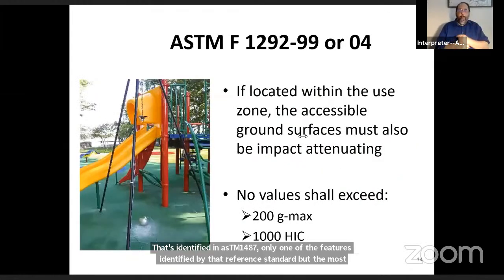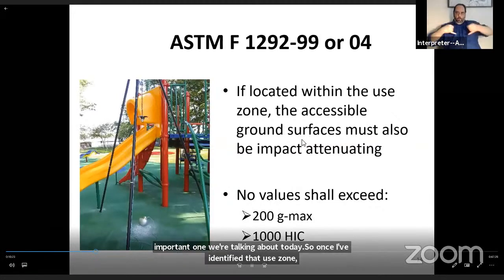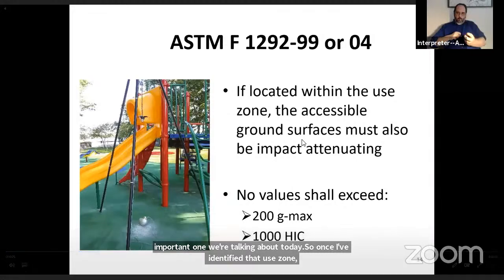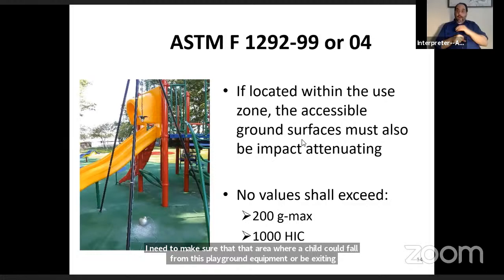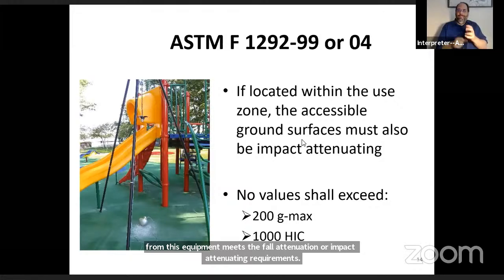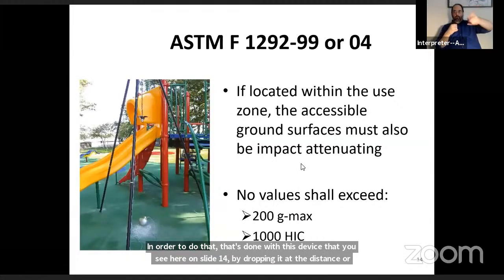So once I've identified that use zone, I need to make sure that the area where a child could fall from this playground equipment or be exiting from this equipment meets the fall attenuation or impact attenuating requirements. And in order to do that, that's done with this device that you see here on slide 14, by dropping it at the distance from the height of the elements in this play area.